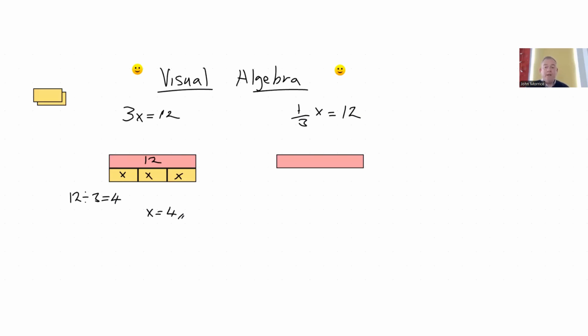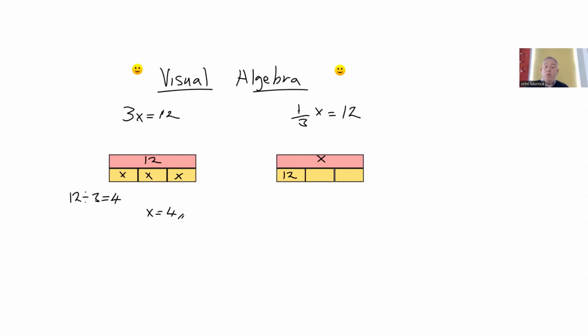So let's write x. We want to work out what x is, don't we? We've got 1/3 x is equal to 12. Well, let's put that in. 1/3 of x, I'm going to take my blocks: 1, 2, 3. And the equation said 1/3 x is equal to 12.